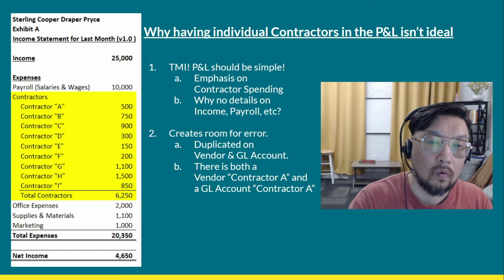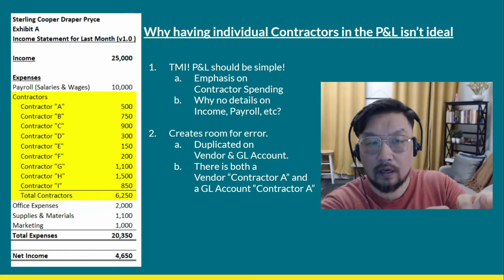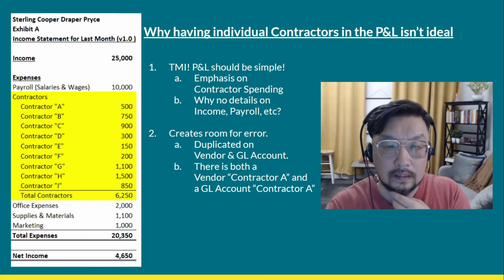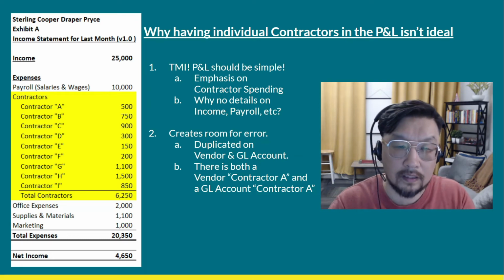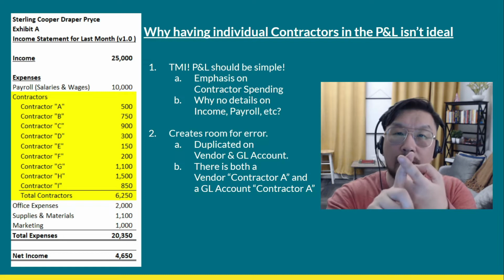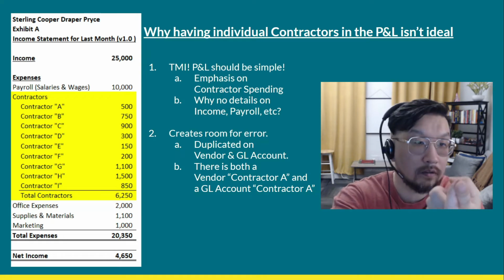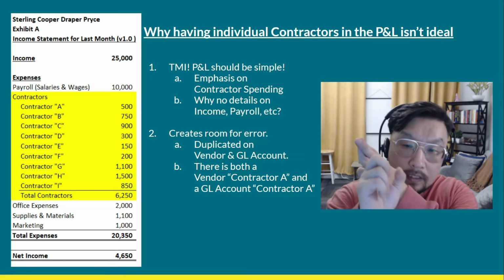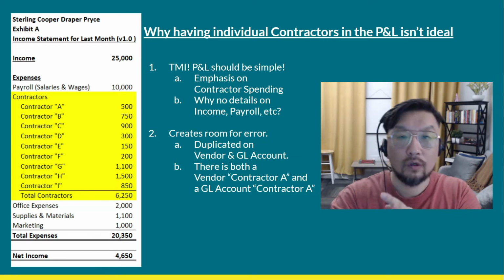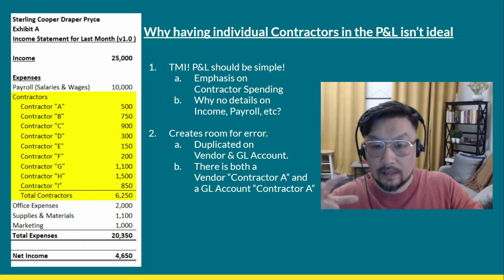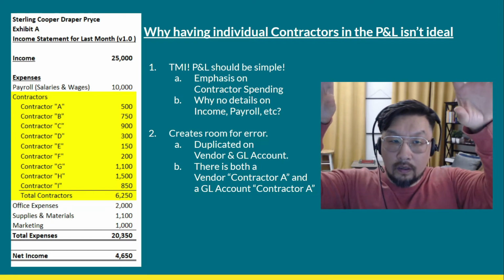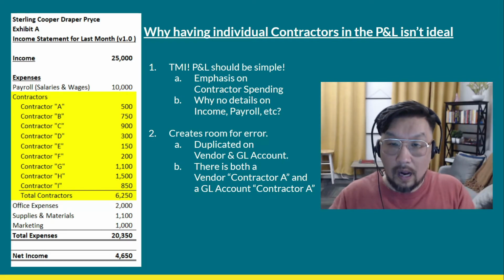So what this Exhibit A by contractor payment details is doing is essentially duplicating both the vendor name, who the payment went to, contractor A, and it also went into the GL account name, contractor A. So if you imagine the vendor list and the general ledger account list in the chart of accounts, there's both this list that you have to maintain.